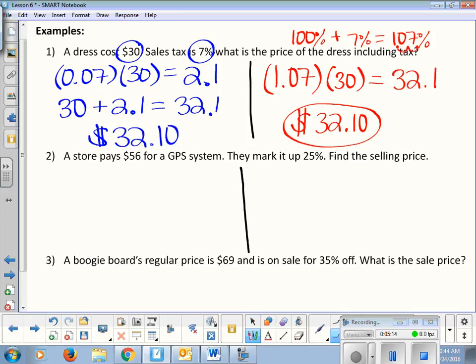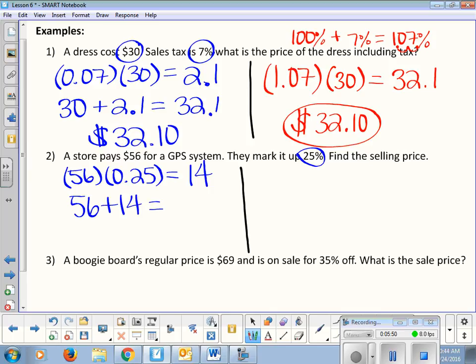Okay, for number 2, we have a store that pays $56 for a GPS system. They mark it up 25%. Find the selling price. First I take my total, $56, and multiply it by 25%. 25% as a decimal is 0.25. When you multiply these two values together, what did you get? 14. For a markup, do we add or subtract from the total?